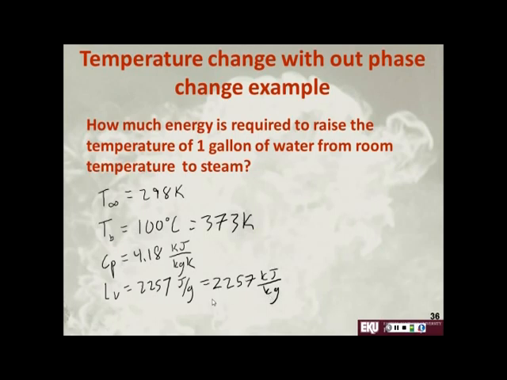And the next thing we need to do is figure out the mass. So I'm going to get a new sheet, and we want to know the mass of the water. It's going to be a little bit complicated. We have 1 gallon.